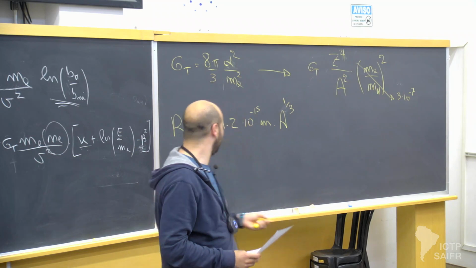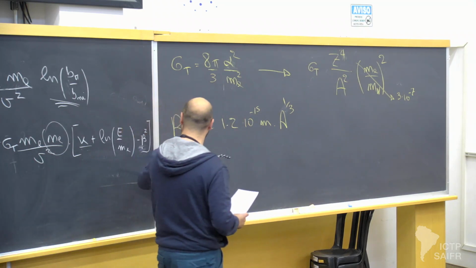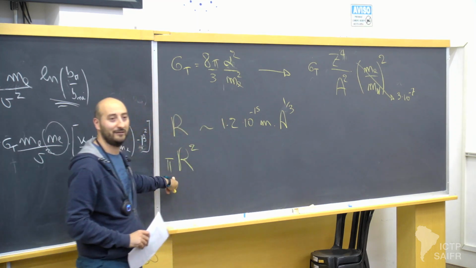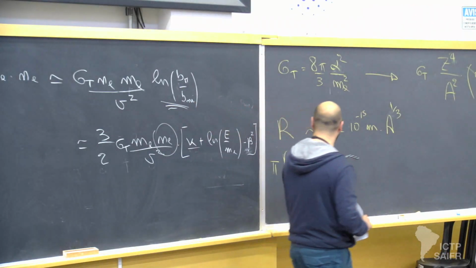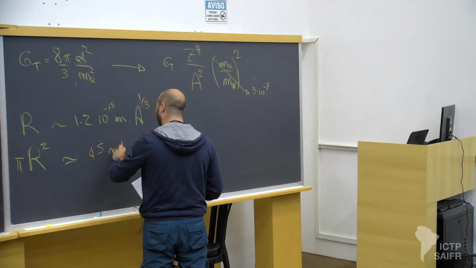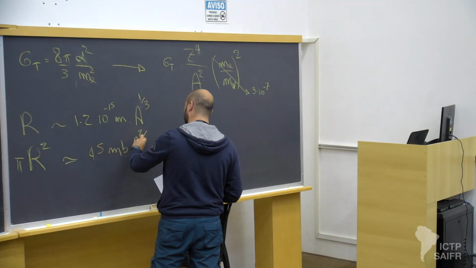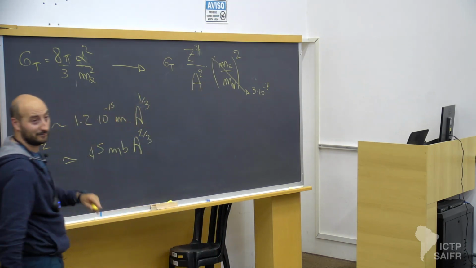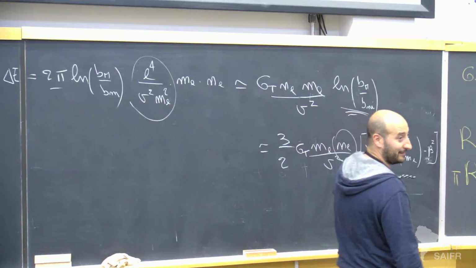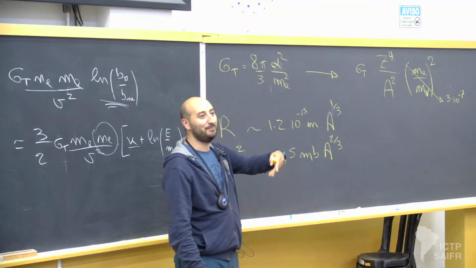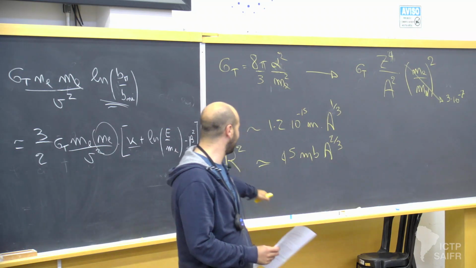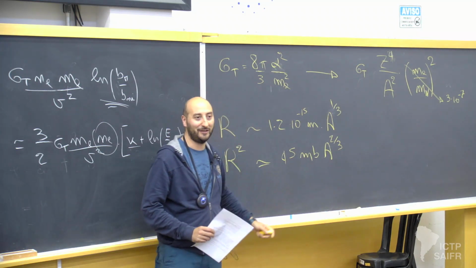This has to do with the scale at which your theory becomes non-perturbative. But geometrically, this is associated to some cross-section pi r squared. And if you plug in numbers, this will give you something like 45 millibarn times A to the 2/3, roughly. If you look at empirical data of the typical inelastic cross-sections among nuclei, well, this reproduces quite well the values that you find.